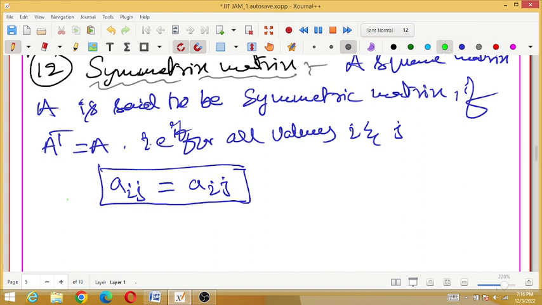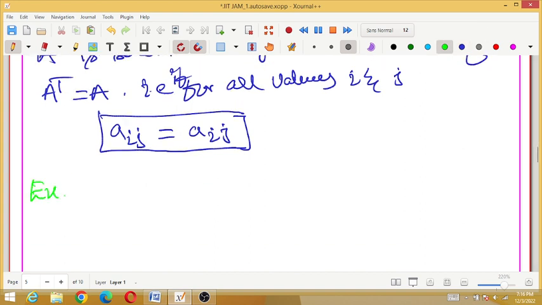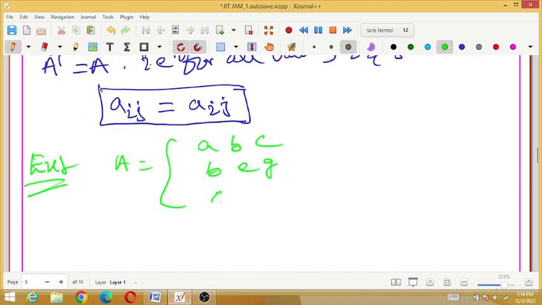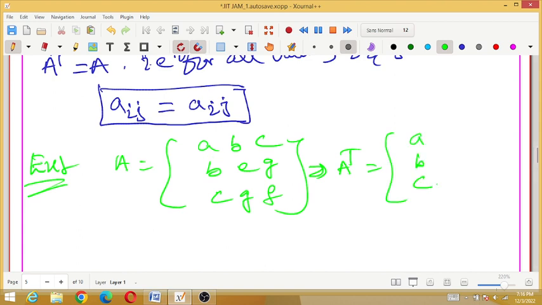Example, if A is a b c, next b e z, whatever it will be, next c g f. Its transpose, A transpose, is equal to: see here, the first row a b c becomes the first column, a, b, c. Next, the second row b e z becomes the second column.